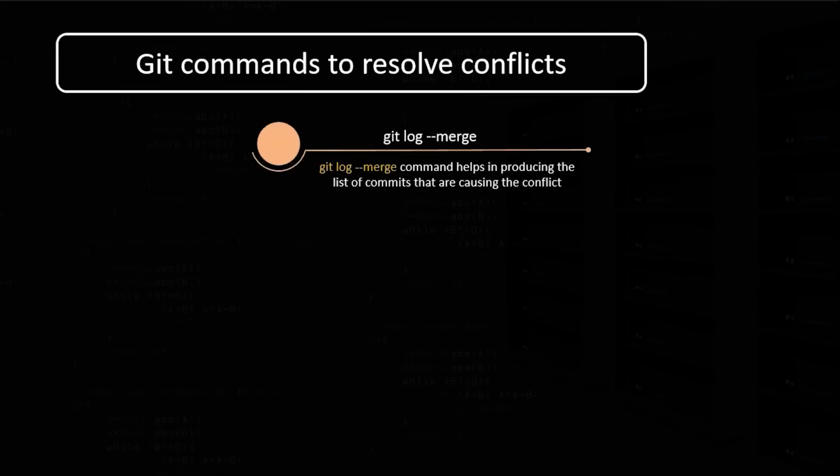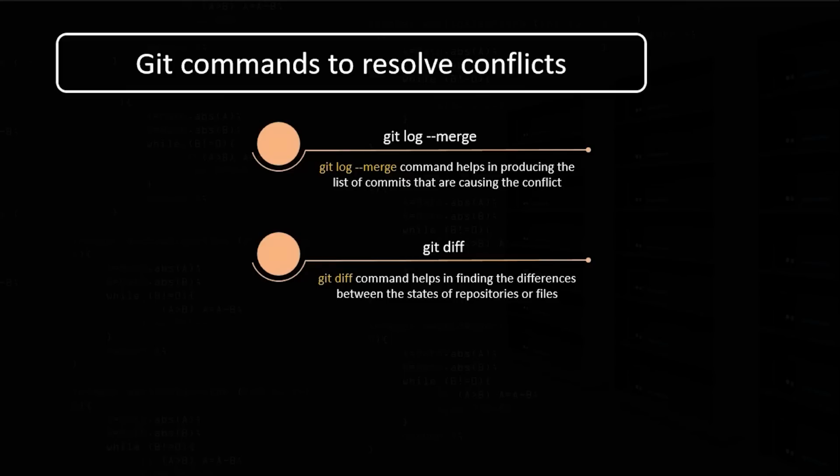Now, git log --merge is a command which helps us list all the commits that are causing the conflict. If at any moment your merge fails and you want to see which commits are causing the issue, you might ignore some commits which are not that important, or you can manually overwrite the content so that the conflict data can also be added, and whatever changes you are trying to add should also be modified.